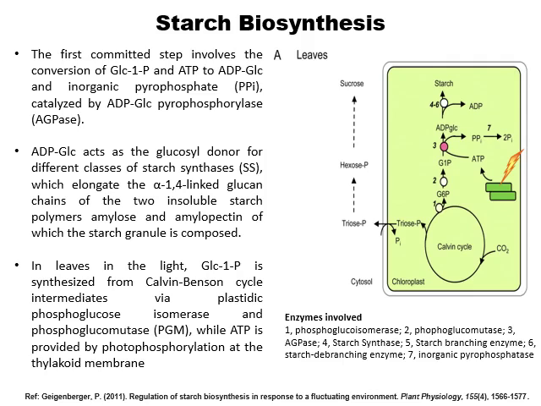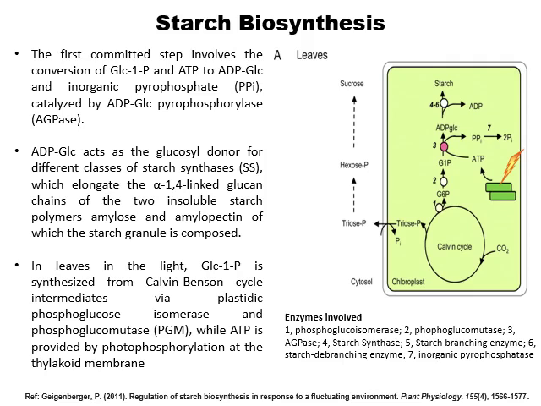Then the third enzyme is AGPase, which results in formation of ADP glucose. The fourth enzyme is starch synthase. Then you have the starch branching enzymes and starch debranching enzymes from the 4th to 6th step. And the 7th is this inorganic phosphate, which is released in the plastid. So you can see the buildup of the inorganic phosphate molecules inside the chloroplast.